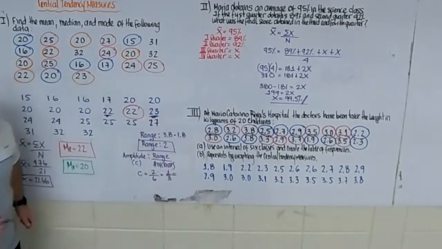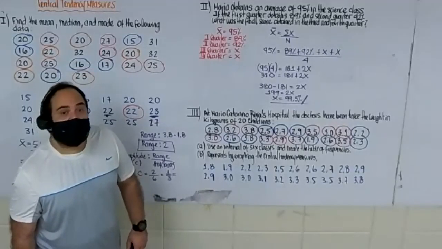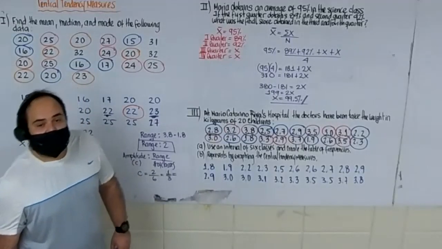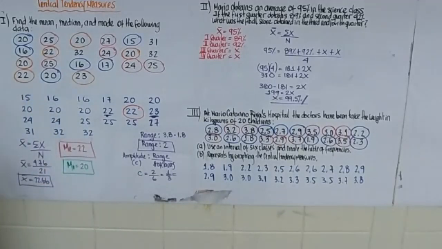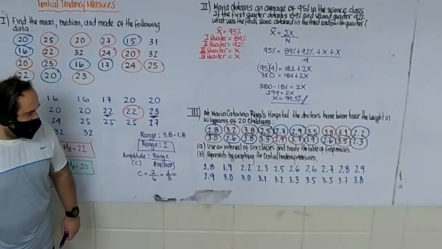And this is going to be equal to 1 divided by 3. Wait, when we're talking about the amplitude, I got confused on that. All right, the range divided by the number of classes, right?